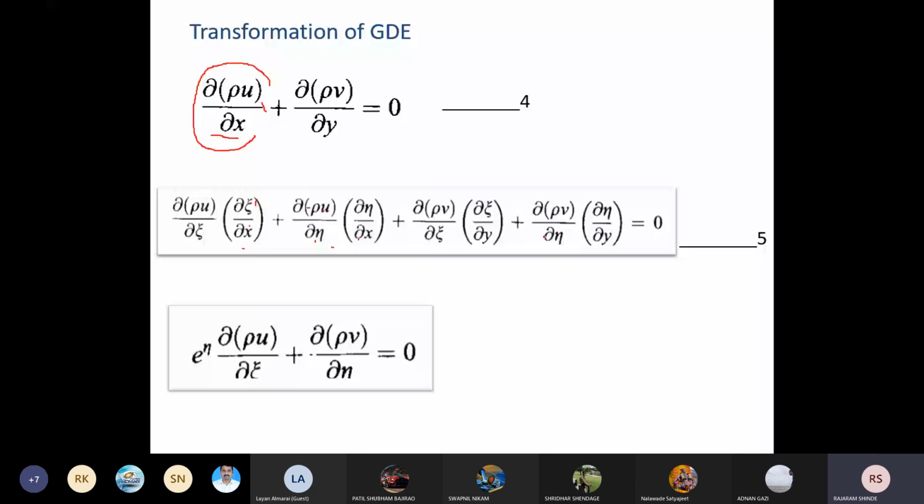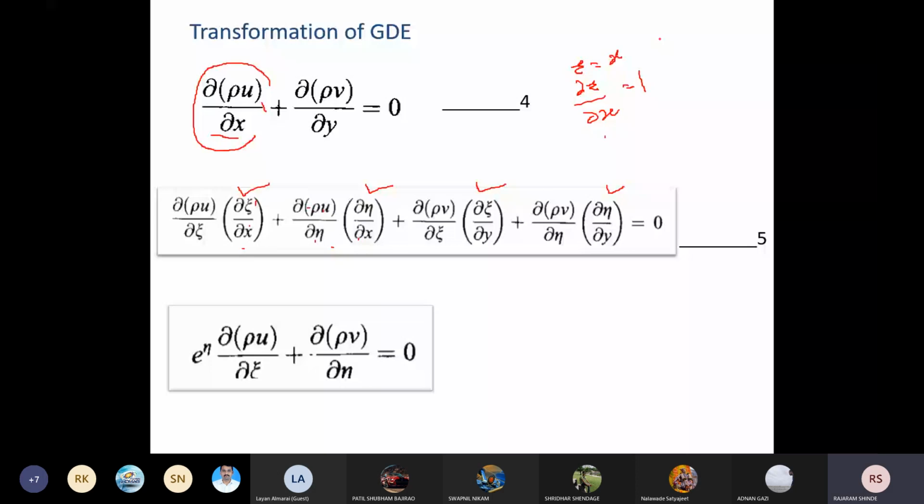Now we have to calculate these terms. This is formal transformation. For that purpose we have the equation xi is equal to x, so we will get dou xi by dou x equal to 1. Next, dou eta by dou x. You have the equation eta is equal to ln of y plus 1.